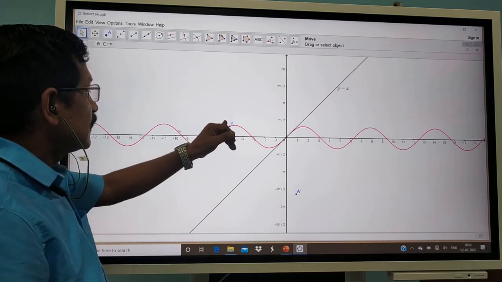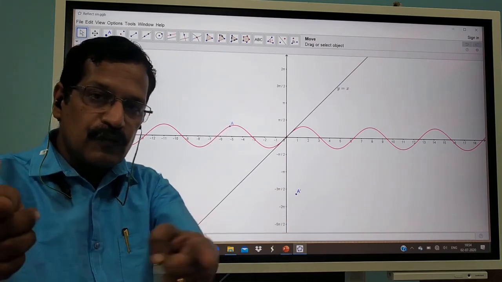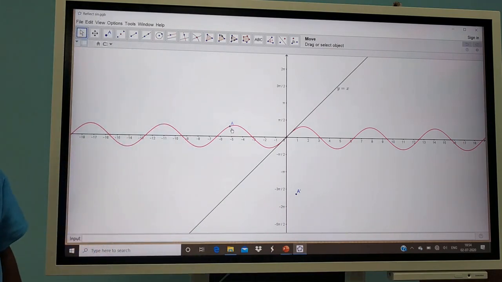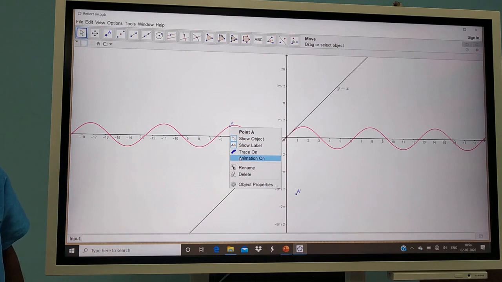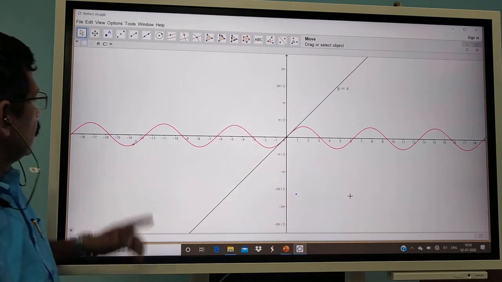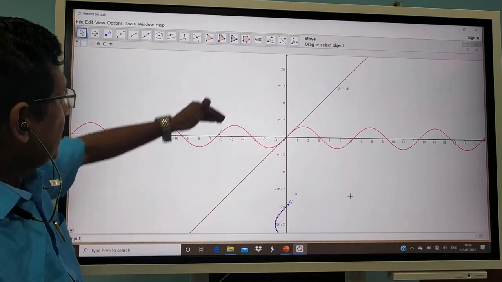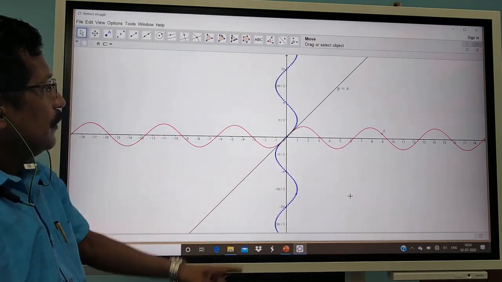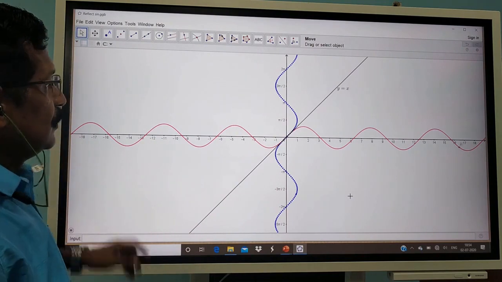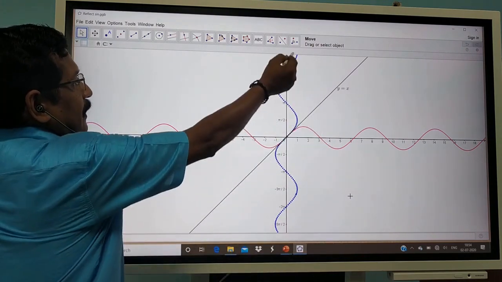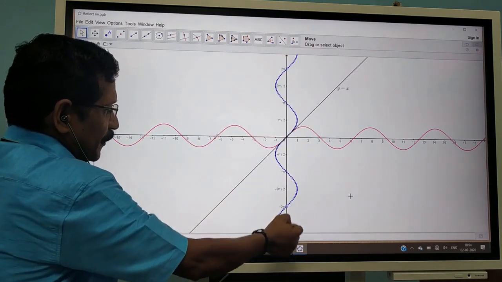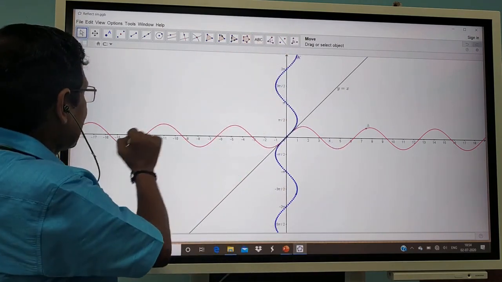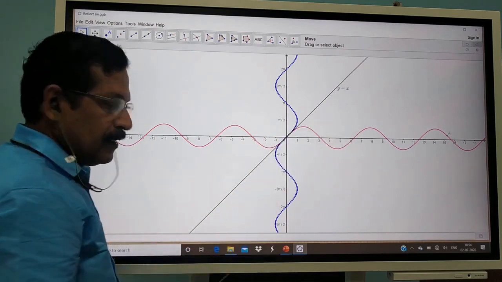Now if we move A, A dash also will move because it is a reflection. Let me see what will happen here. Now you can see that the point A is moving, so we get the point A dash also. So this is the graph of sine inverse, and this is the graph of sine.